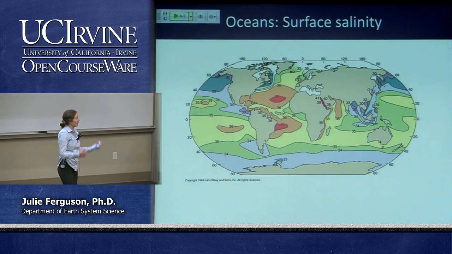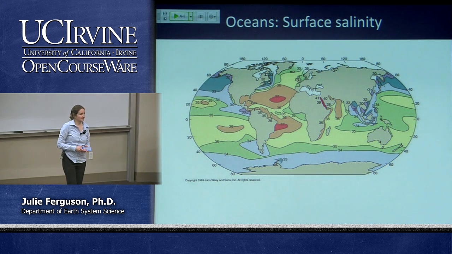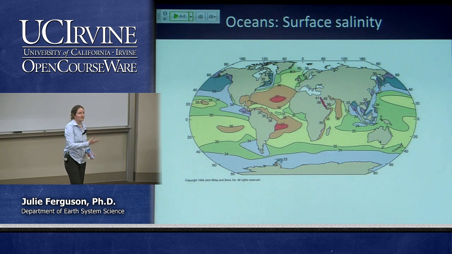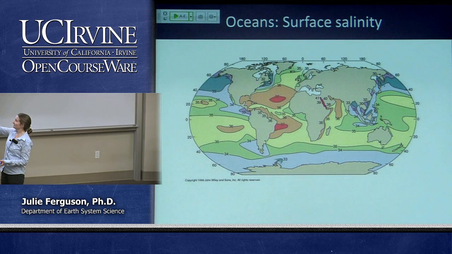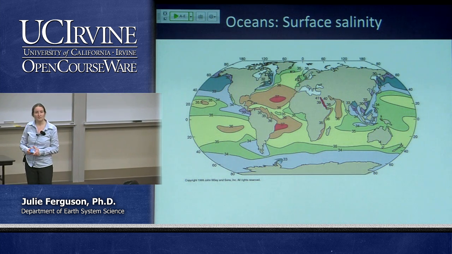And so if we have that nice hot sunny weather extending at about 30 degrees north and south along our oceans, what do you think might happen to create high salinity? Evaporation, absolutely. So if we have this nice sunny weather at our particular latitudes in the world, then we're going to have more evaporation.